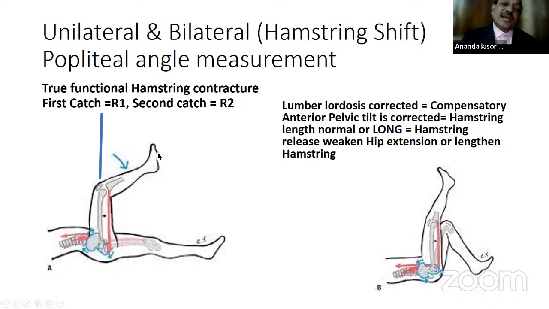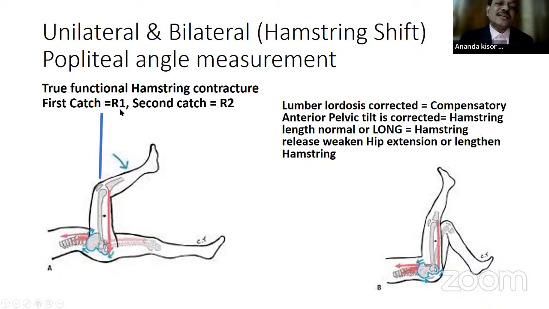So the first catch is in an attempt to extend the knee suddenly. I use the word suddenly repeatedly because spasticity is velocity dependent. So we have to make a sudden jerk to achieve the extension. The first catch is R1 and the second catch is R2 if we keep up the sustained pressure.